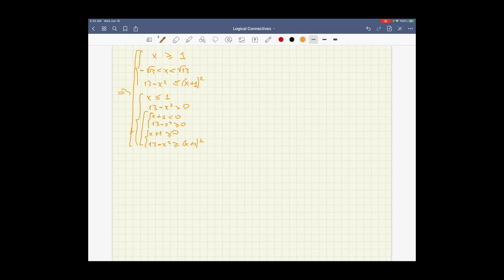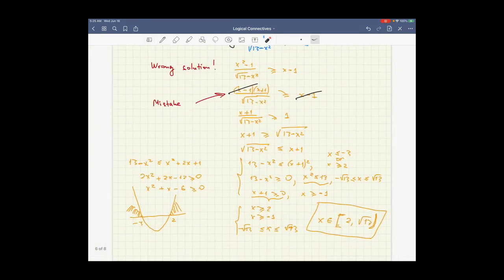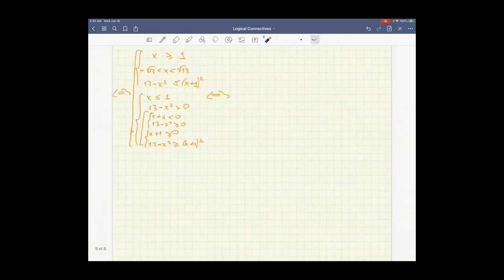So for the first system, we already worked with that quadratic inequality, right? When we wrote our round solution, and we know the roots are 2 and negative 3, and the inequality is in that direction.